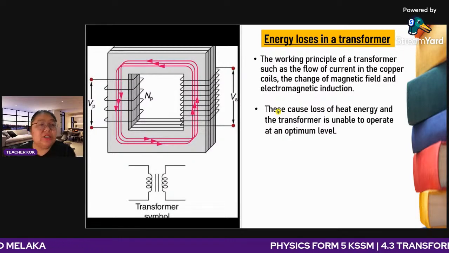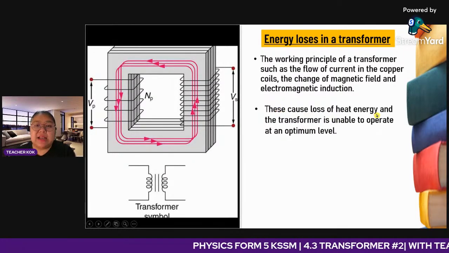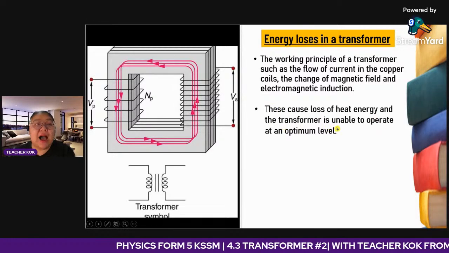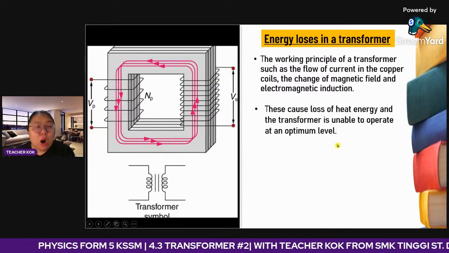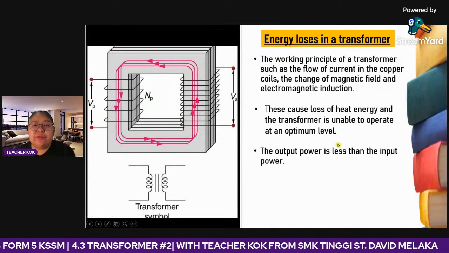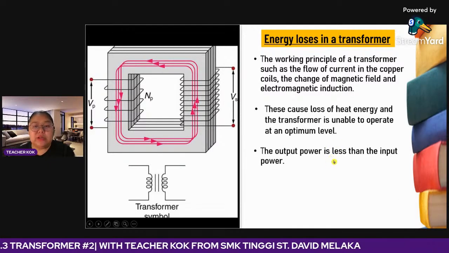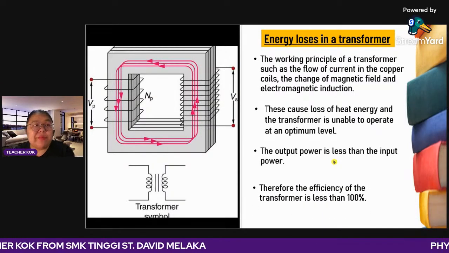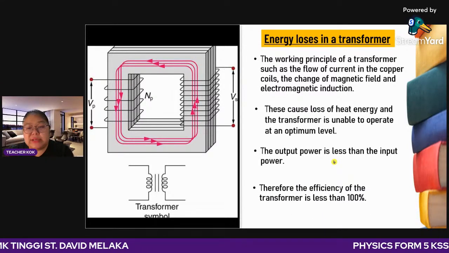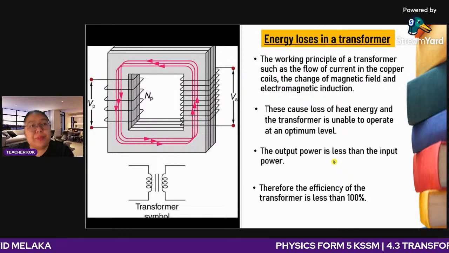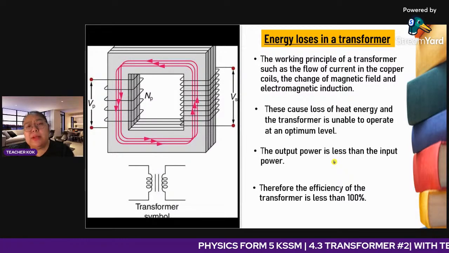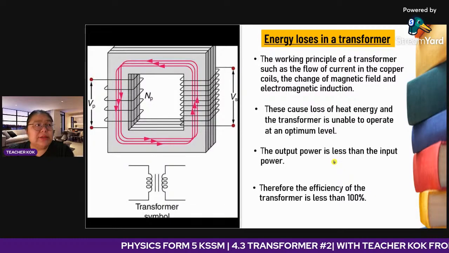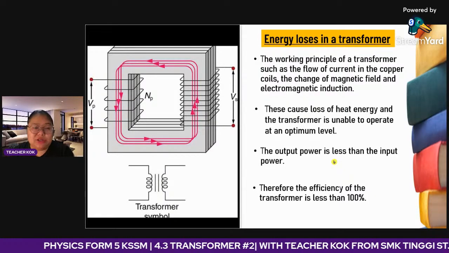When the flux is changing, heat energy is actually lost and the transformer is unable to operate at the optimum level. So from here, the output power is always less than the input power. That is why when we calculate efficiency, we cannot get 100%. Normally the energy lost by the transformer is heat energy.